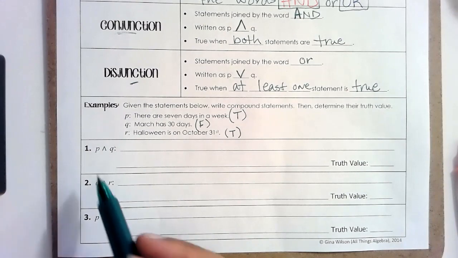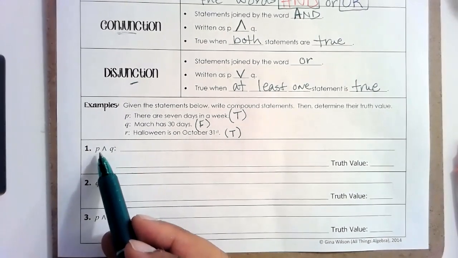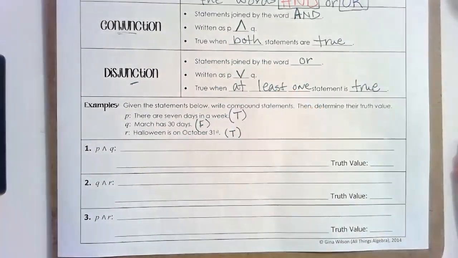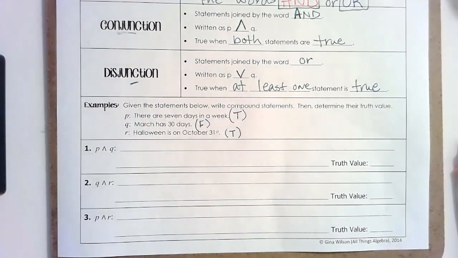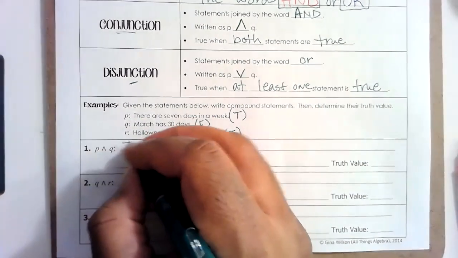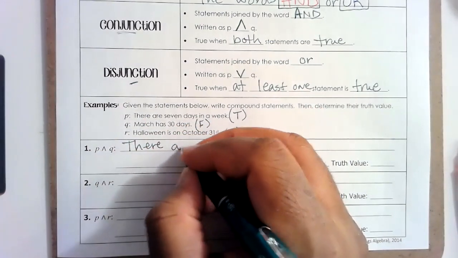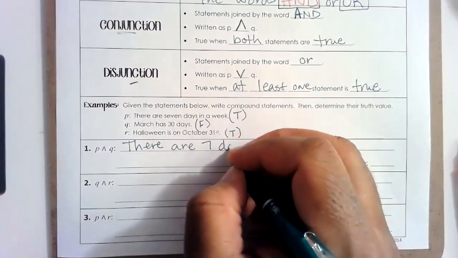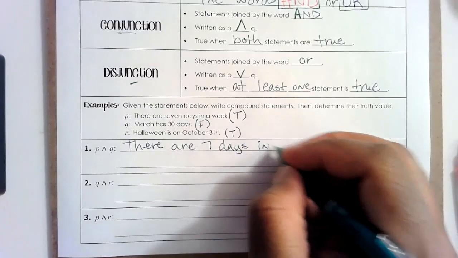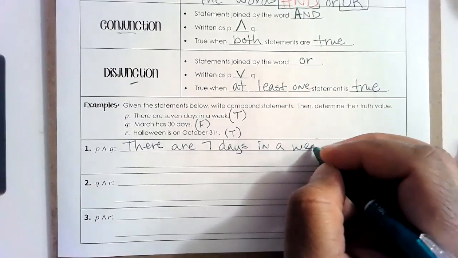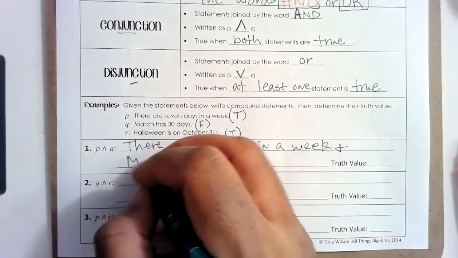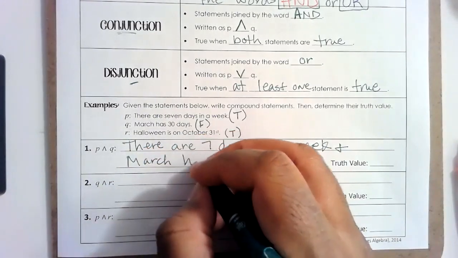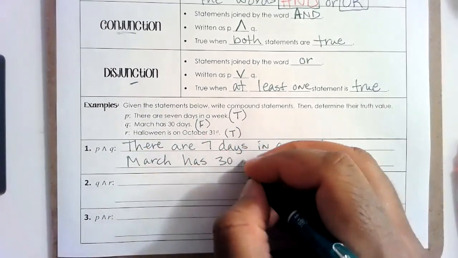If I look at my symbol here, that's letting me know I have a conjunction right out of the gate. But I'm going to write it based upon the 3 given statements here. So it's very formulaic in that way. I'm going to write, there are 7 days in a week, and March has 30 days.